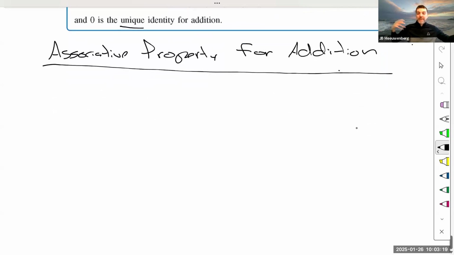Who do I want to associate myself with? These people, right? My friends. Who do I want to group myself with? Those are my associates. Those are the people that I want to associate with. Numbers kind of work the same way with this associative property. And I'll give you an example here.